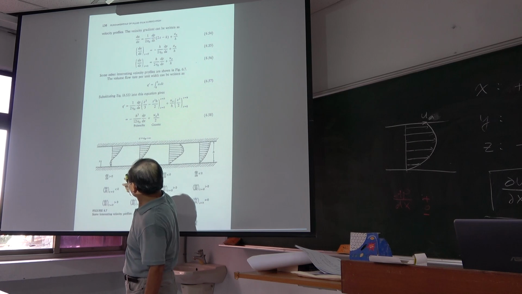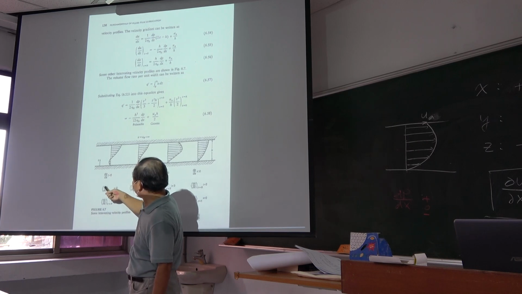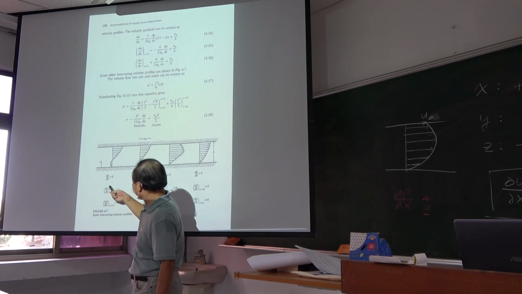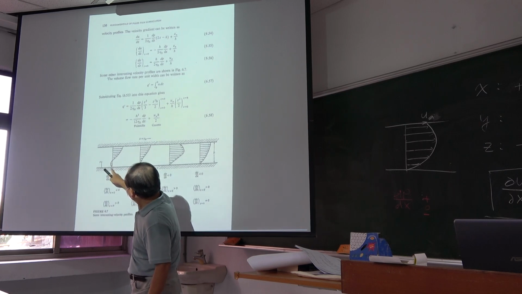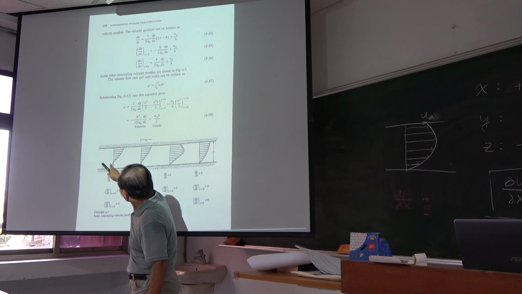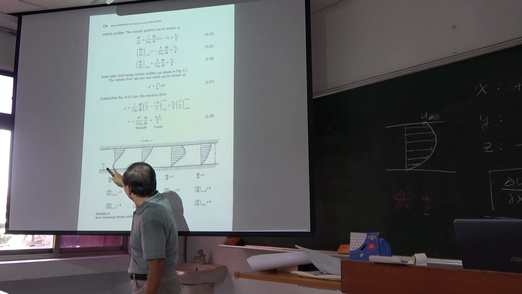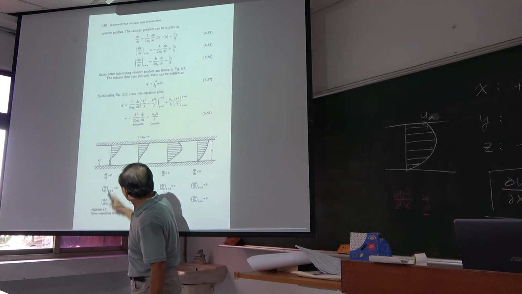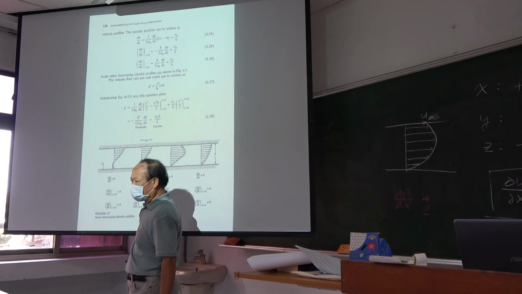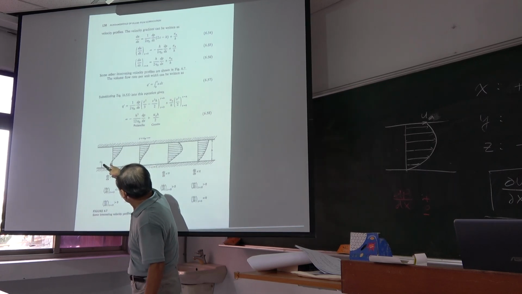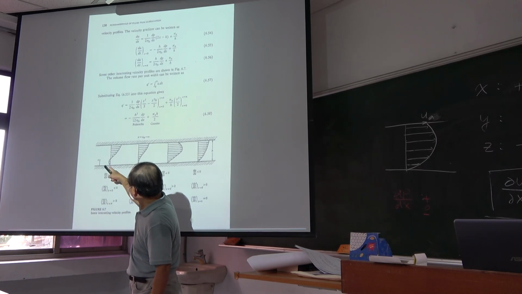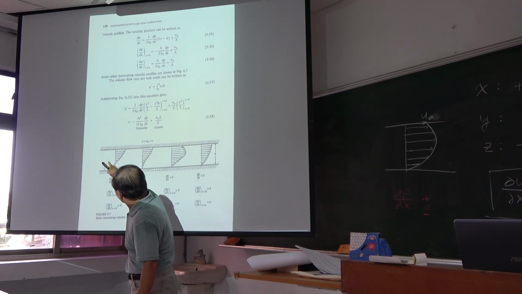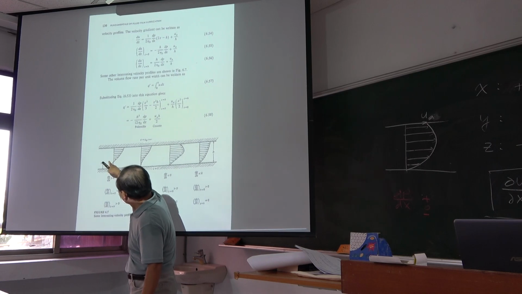Alright. In this case, we calculate the slope at the bottom point, the slope of the profile. The slope at the low one is negative, because the slope is in this direction.